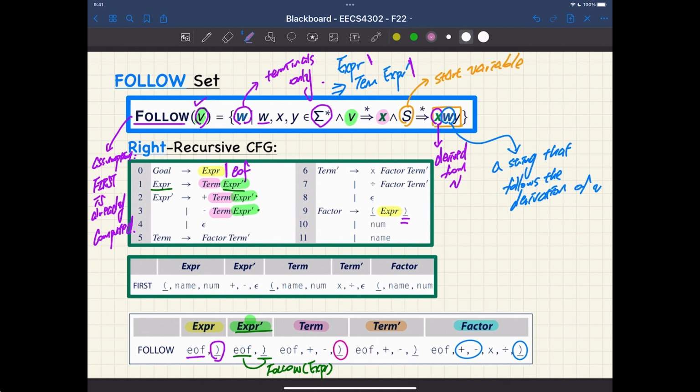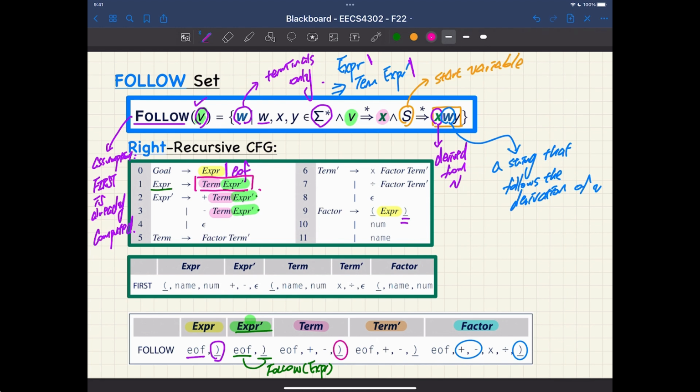Okay? This one's interesting. Especially, I want you to look at this one here. Oh, let me use the same color. Okay, let's look at this one here.